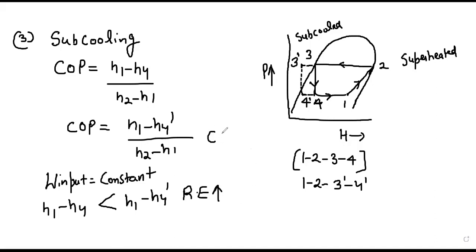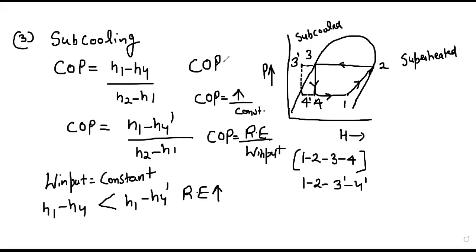So what will be the effect of this thing on the COP? COP is what? It is refrigeration effect upon the work input. So it becomes what? COP becomes, refrigeration effect is increasing. Work input remains constant. So overall, you can say that the COP of the system will increase if we subcool the refrigerant.